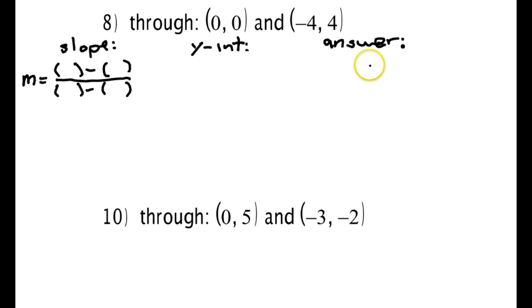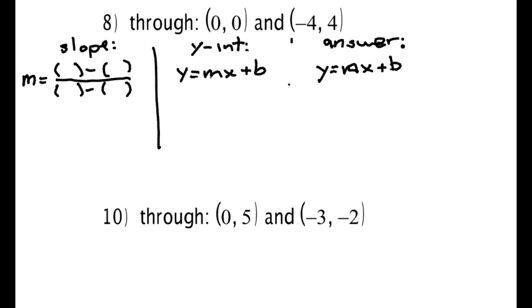Both of these, the y-intercept and the answer, start off with y equals mx plus b. So some of you really like templates. You like just to follow step by step. This is a good way to start every single problem. It's a three-step system. I need to find the slope, I need to find the y-intercept, and then I need to put my answer together.